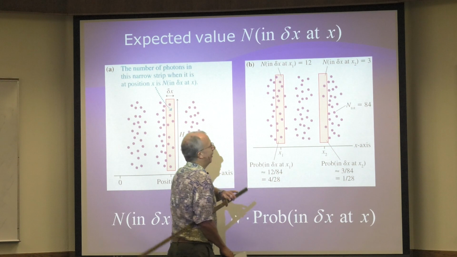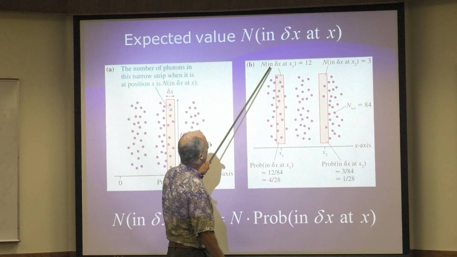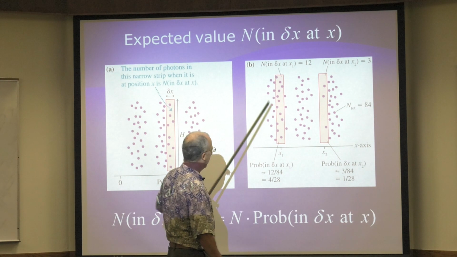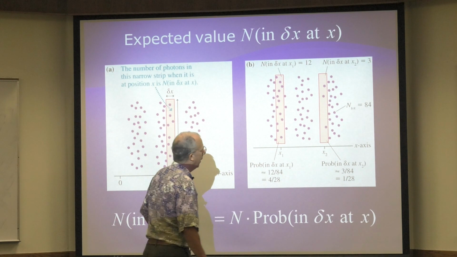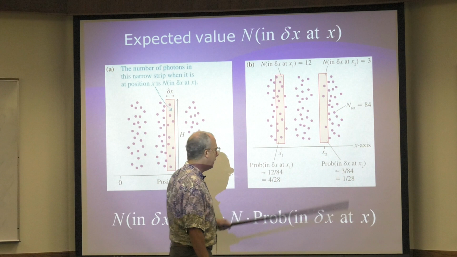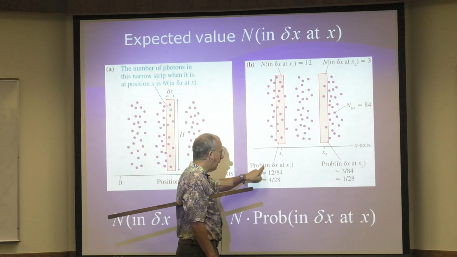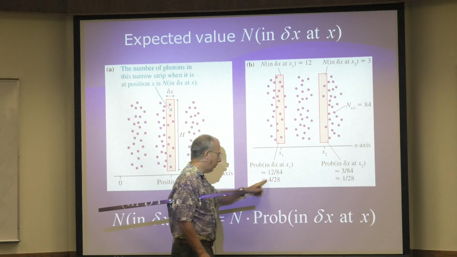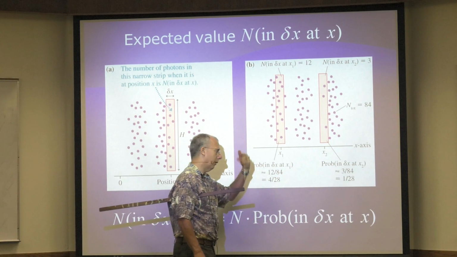Well, they already did it, right? The number in this rectangle with this width at this position is 12. Now it says the total number is 18. So the probability, of course, is just 12 divided by the total, which is 84, which is 1 over 7.